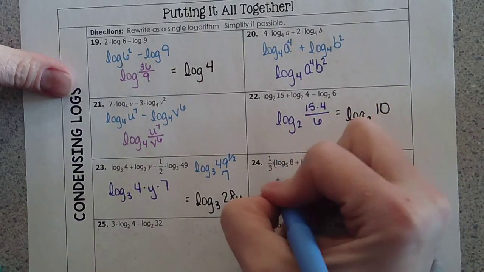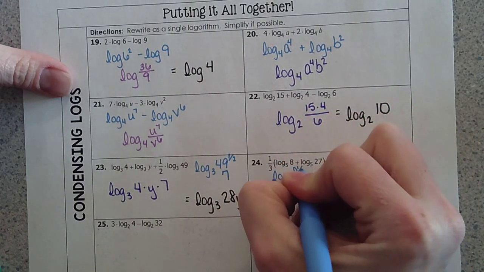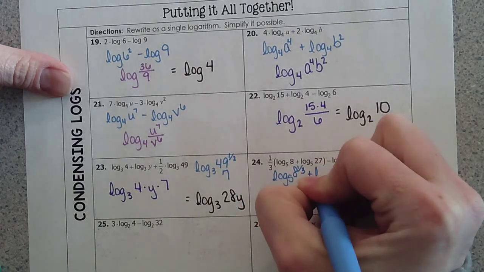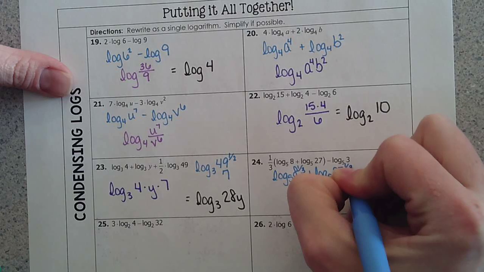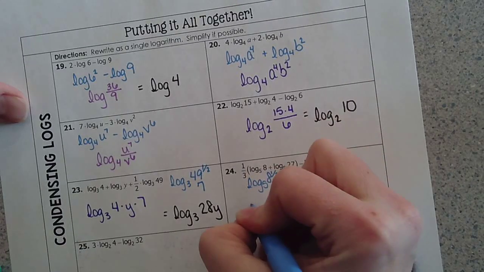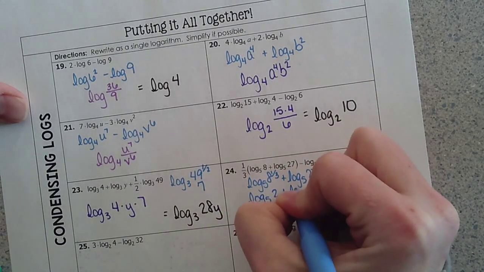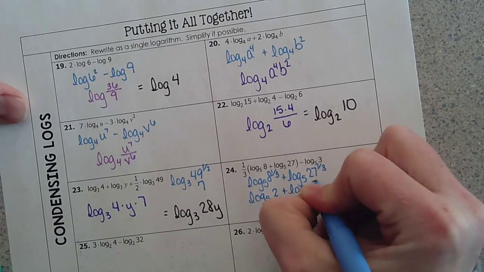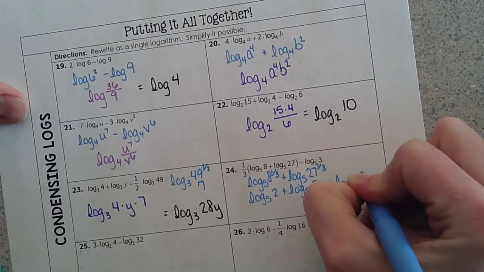So my first step here, I'm going to go log base 5 of 8 to the 1/3 plus log base 5 of 27 to the 1/3. 1/3 means cubed root. So I'm going to rewrite this as log base 5 of 2 plus log base 5 of 3 minus log base 5 of 3.